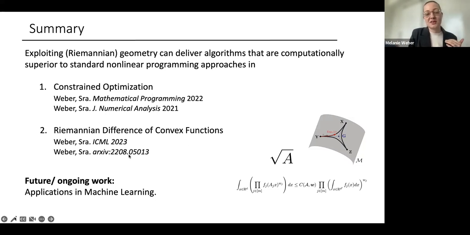And then in the second part of the talk, we looked at geodesically convex difference of convex functions. Here we analyzed algorithms that do not need any Riemannian tools, so that are in a sense purely Euclidean algorithms, but the Riemannian perspective allows us to certify convergence and understand why they have the good performance that we see numerically. In the future, we hope to explore more applications of these algorithms in machine learning. Thank you.